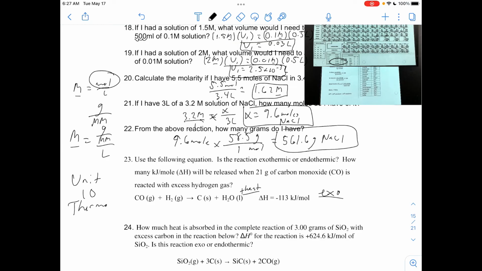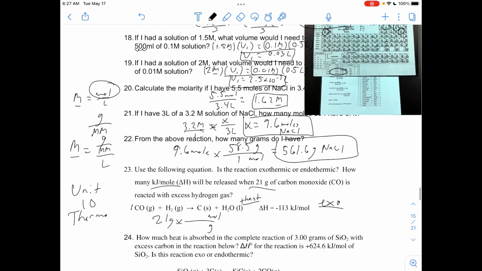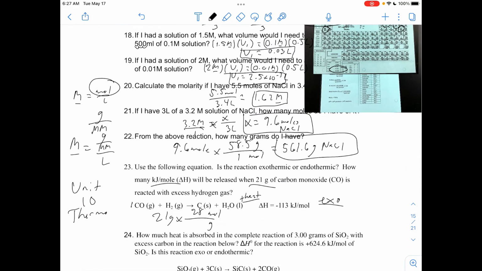So exothermic, and how many kilojoules per mole will be released if I have 21 grams of carbon monoxide? So this is for 1 mole of carbon monoxide, so I have to first get that into moles by looking at the molar mass. Carbon and oxygen, so 12 plus 16 is 28. It's 28 grams per 1 mole, so I divide by 28.